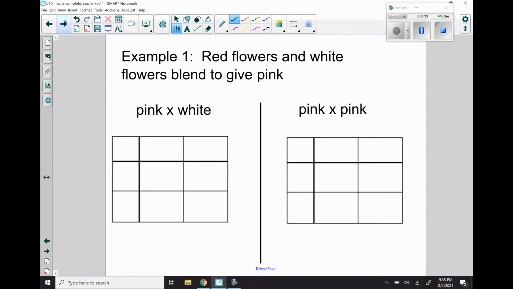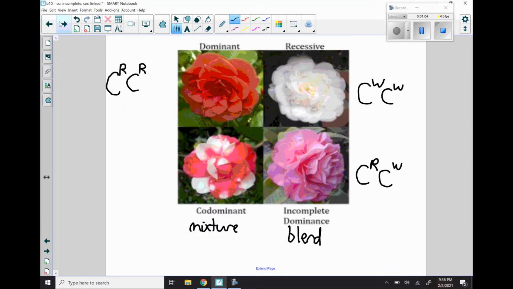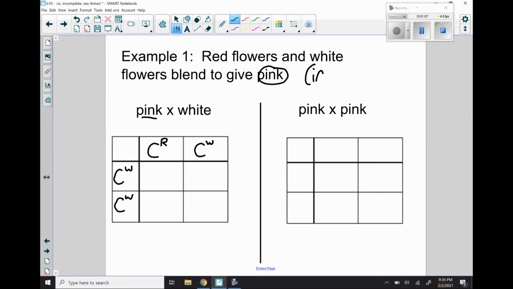In terms of Punnett squares, it's not any different than how we've already been doing them. So I put one parent across the top. So my pink had one allele for red and one allele for white. And a white flower had two recessive alleles for my white plants. Because I see that this is pink, I know that this is a trait where I get a blend. So this is incomplete. Then I do the Punnett square the same way.